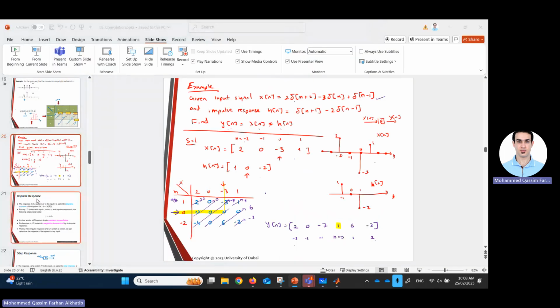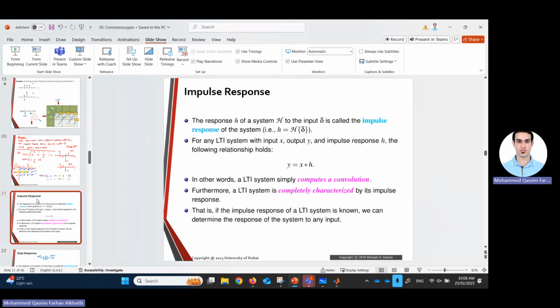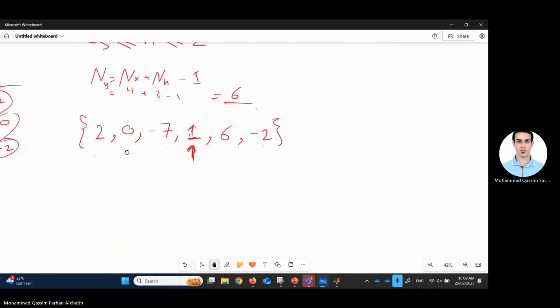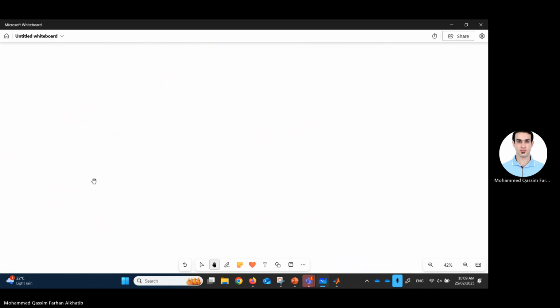Okay, now we'll go with one of the most important terms in the course, something we call impulse response. Impulse response basically is the output of the system when you apply an impulse. Basically, let's assume the scenario that I have a system with some unknown response.